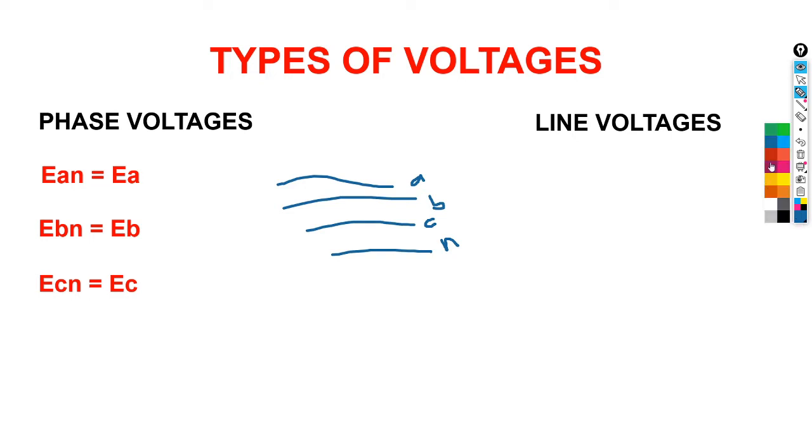If you take your voltmeter and measure the voltage between, let's say, point A and the neutral point, this is your phase voltage, as we discussed in the previous video. But if you come with this voltmeter and measure the voltage between A and C, for instance, this will be your line voltage.